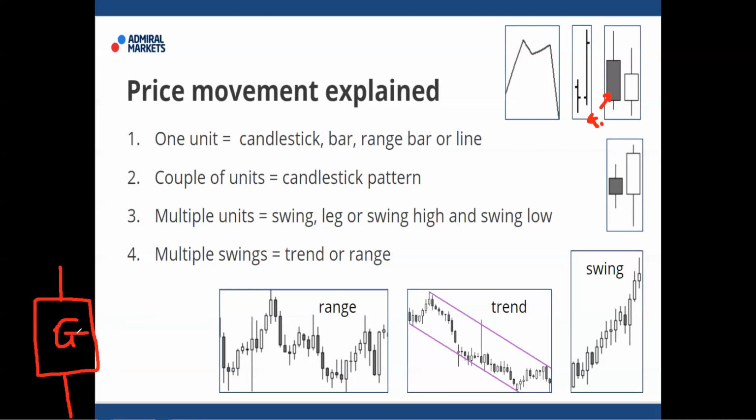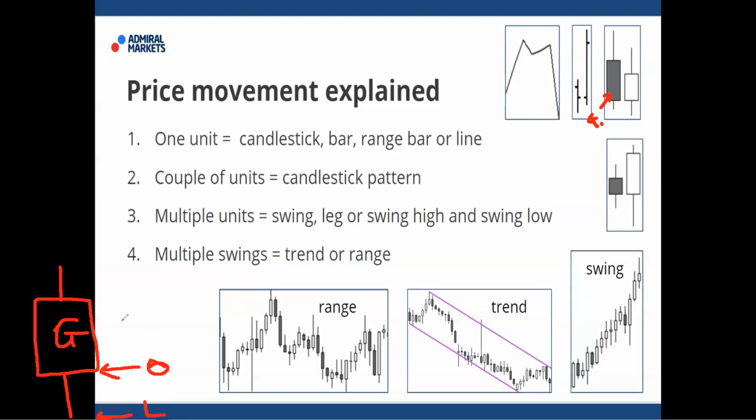So a green candle is a candle where the price on this day of activity started at the bottom of the body. I'm going to put an O for open. At some point in the day, it doesn't matter if it's 5 minutes, 5 hours, 15 hours, the price has reached a low, the bottom of the wick.